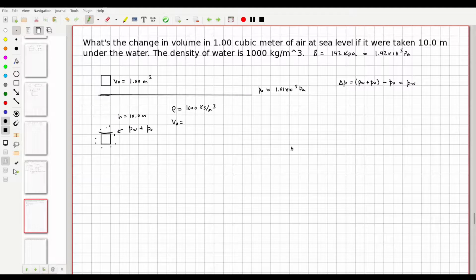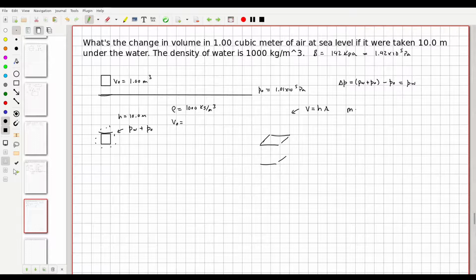Now, this is going to work the same way, basically. You could think of a cube of air here that has a column of water sitting above it. And that column of water is going to have a volume of H times the area that it's sitting on, which would just be the area of the top of the cube.